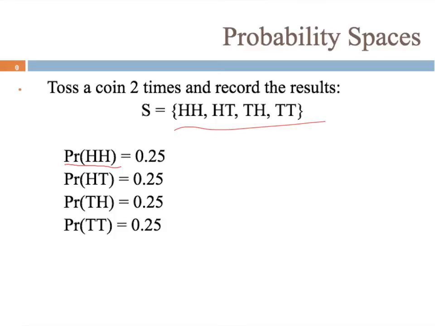So 0.25, which is the same as 25% or 1/4. And it's important to note that probability assignments for all the events should always add up to 1. So kind of like 25%, 25%, 25%, 25%, should always add up to 100%.